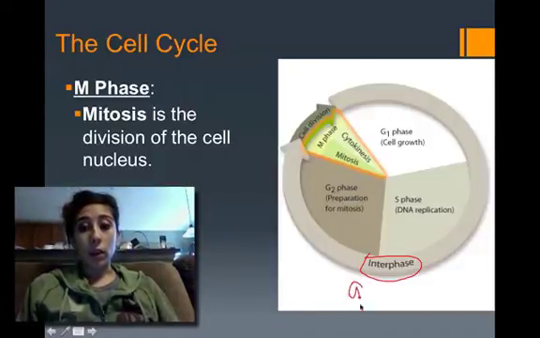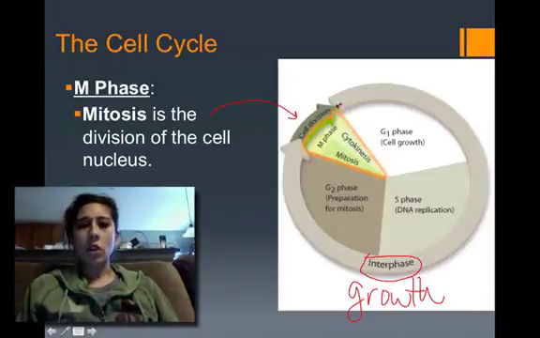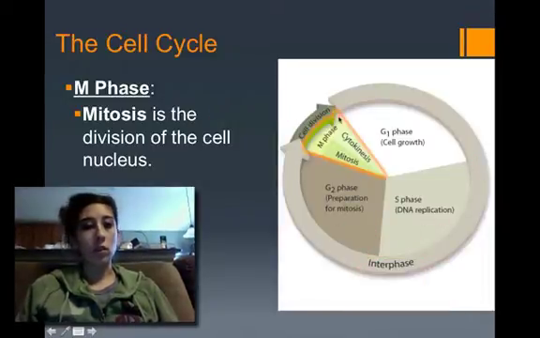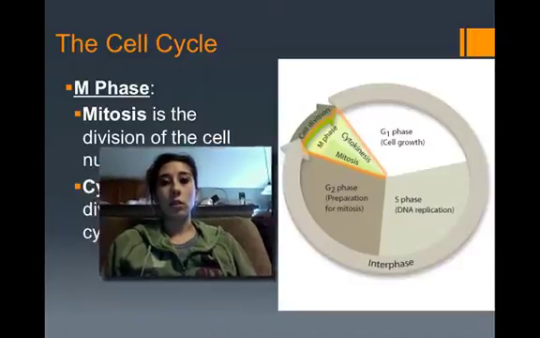So we spend lots of time getting our cell prepared for mitosis, and mitosis is where we're going to see cell division. Only in this small window will cells begin to divide. At other times they're kind of shut off from the idea of cell division, and they're preparing for that cell division. So mitosis is simply the division of the cell nucleus.